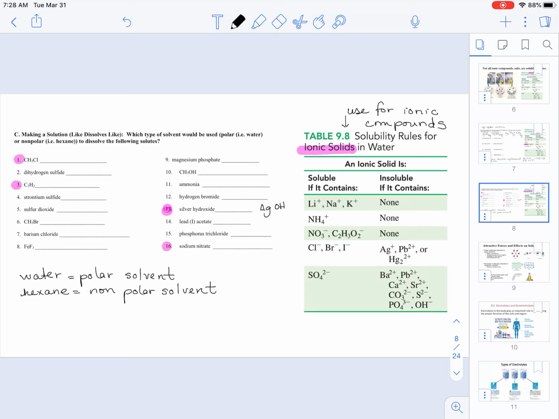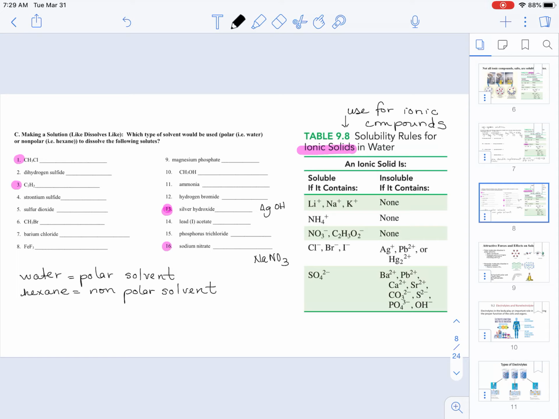Sodium nitrate is going to be NaNO3. Why do we need to do that? Because as you can see in table 9.8, we only have chemical formulas. We don't have names. So let's determine what will be the most appropriate solvent for these, okay?